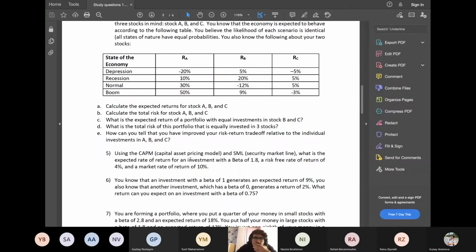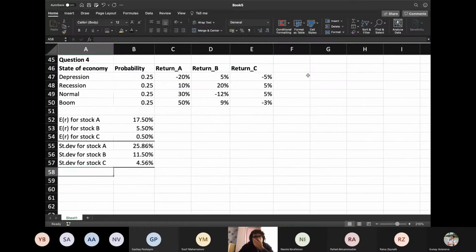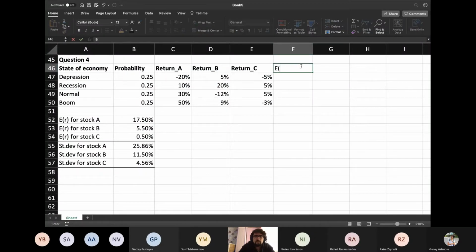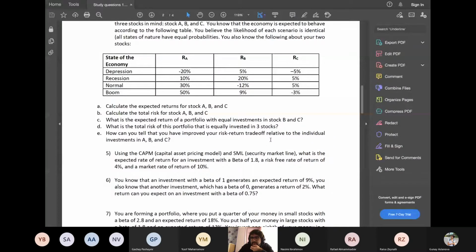What is the expected return of the portfolio with equal investments in stock B and stock C? Expected return, B and C. So we are investing in B and C, not A. And with equal investments.